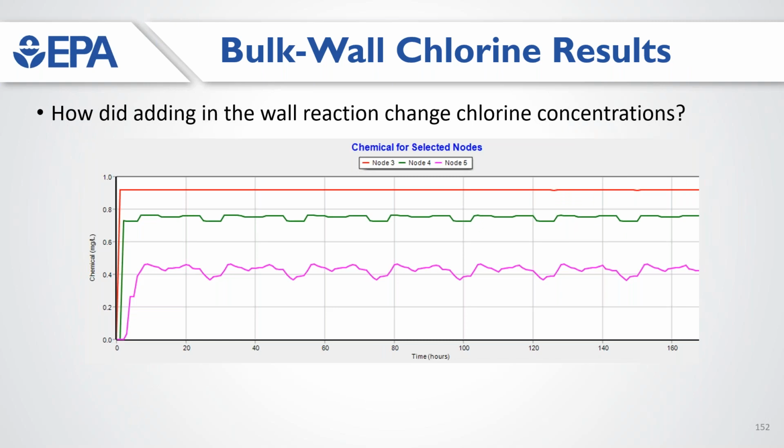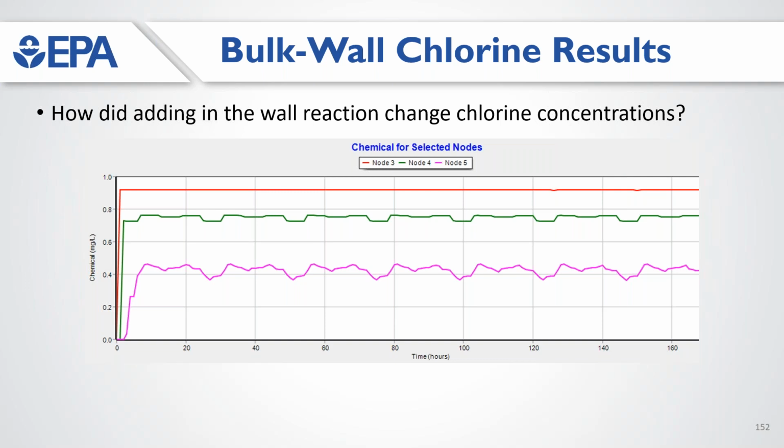Now, how did adding the wall reaction change chlorine concentrations? Each of the nodes' chlorine concentrations decreased significantly from adding the wall reaction. Node 3 dropped from 0.99 to 0.92. Node 4 dropped from averaging about 0.97 to about 0.75. I mean, it changes, but that's the average.